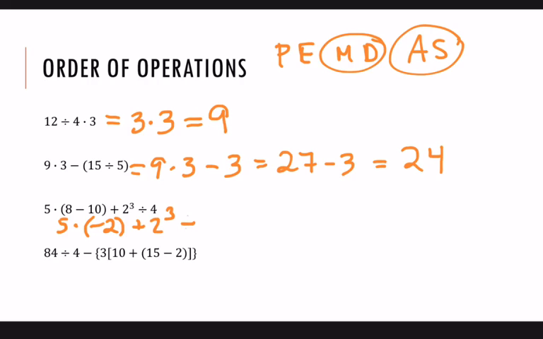2 cubed divided by 4. Now I do have a parentheses here that I still wrote, but there's nothing to really do in there. That's used for clarification, just so you don't have a multiplication symbol next to a negative sign. So it's okay to move on to exponents even though you still see parentheses, because they're not indicating any operations within those parentheses.